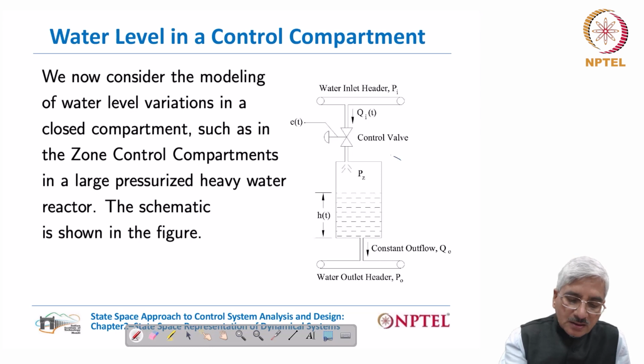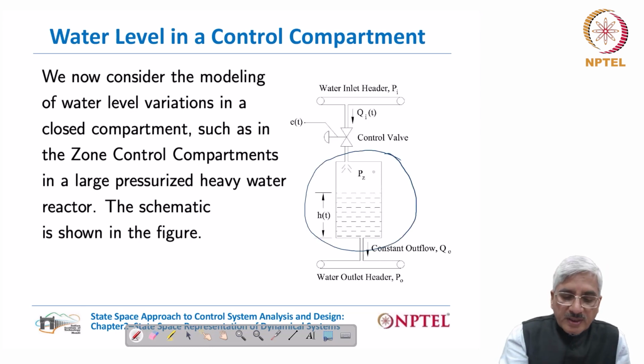So essentially, this is the zone control compartment. It is pressurized to a pressure PZ, and it is connected between one water inlet header, which is maintained at pressure PI, and one water outlet header, which is maintained at pressure P0.